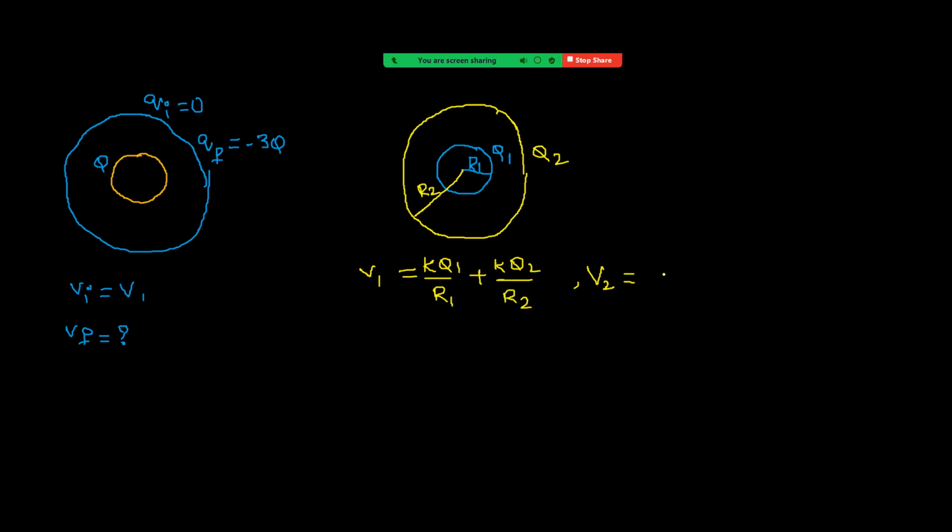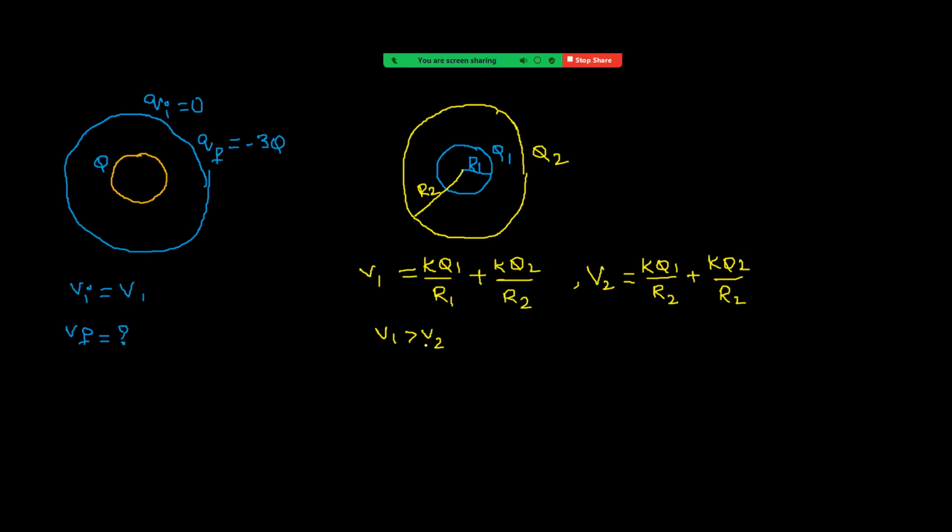Therefore, because of Q1, the potential of the outer one is KQ1 by R2 because it is an outer point. And because of Q2, it is KQ2 by R2. KQ2 by R2 is the same in both. The remaining is KQ1 by R2 and KQ1 by R1. Since R1 is less, V1 is more. So V1 is greater than V2.